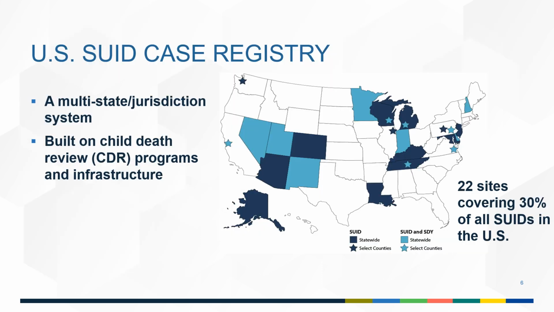To address limitations of traditional vital statistics-based surveillance of SUID, and to help increase our understanding of the true burden and factors associated with sleep-related infant deaths, CDC supports the Sudden Unexpected Infant Death Case Registry, which is a multi-jurisdictional, population-based surveillance system built upon the established child death review programs in our participating jurisdictions.